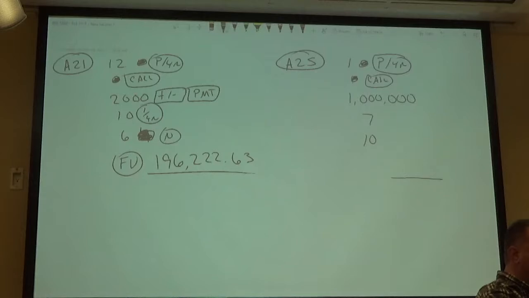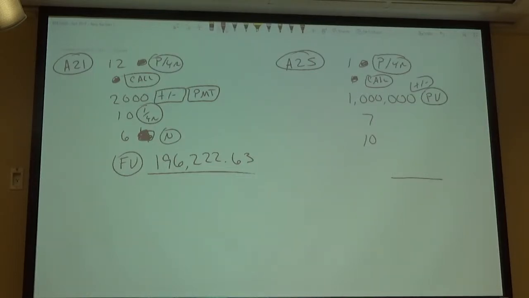Is the present value minus? Yeah, because it's the payment now. You got 1967? In this case, you bought the building for $1 million. That is going to be your present value. Is it negative? You can make it negative if you want to, because you did spend the money out of your pocket.